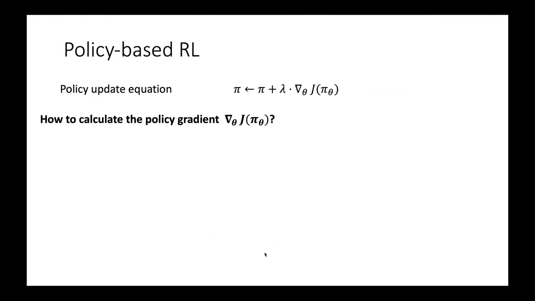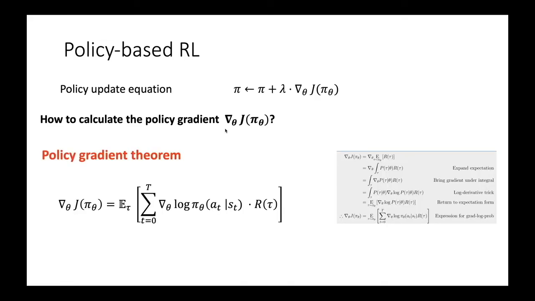But if we are able to compute the gradient, then we can directly update the policy through gradient ascent. This is the gradient component, and we take a step towards it to increase the value of the policy. The question is, how do we calculate this gradient? Because it involves computing a gradient of an expectation term, which is a bit tricky to do.